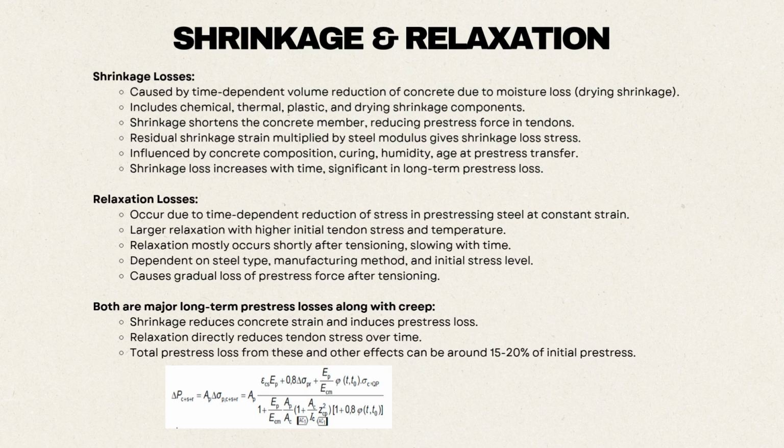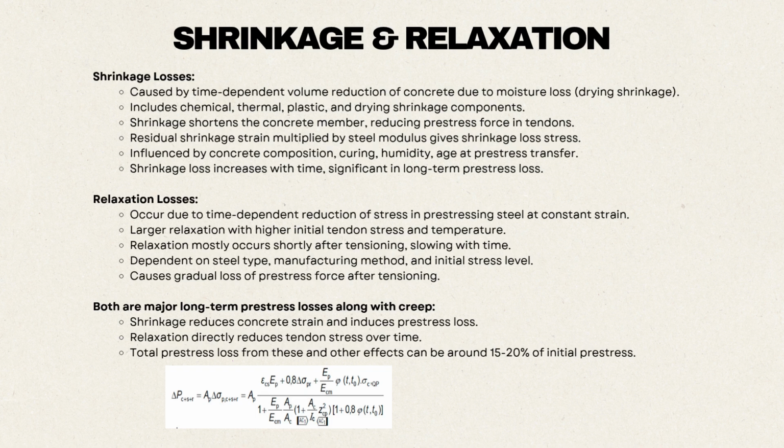The loss of pre-stress due to shrinkage is calculated by multiplying total residual shrinkage strain by the modulus of elasticity of steel. The shrinkage loss depends on factors like humidity, curing methods, concrete composition, and age at transfer of the pre-stress.